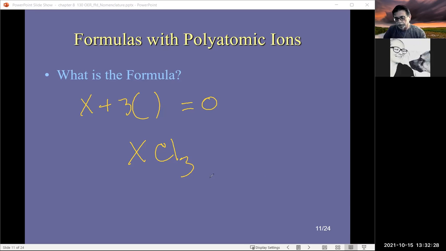You got it, -1. So we know that the chlorides have a -1. Okay, so I can rearrange this to say X minus 3 equals 0. What does that imply? X is equal to +3. So the oxidation number for X under these conditions is +3.